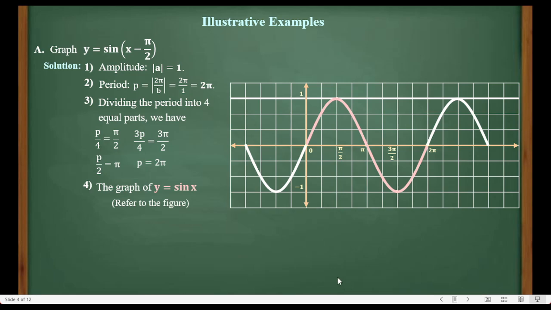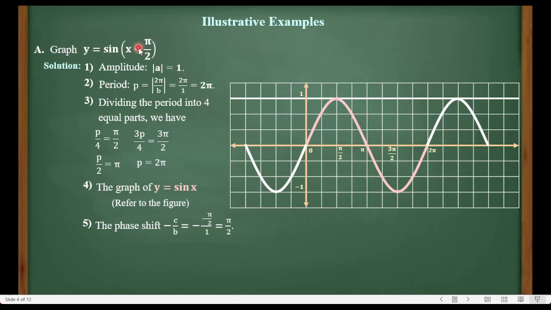Then after tracing the graph of the mother function y equals sine of x, what comes next? We're going to determine the value of phase shift. And that can be determined by the formula negative c over b. And c is taken from the constant term which is found inside the parenthesis, that is negative pi over 2.